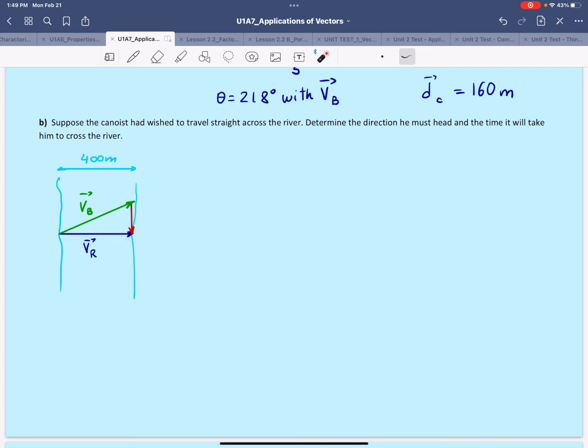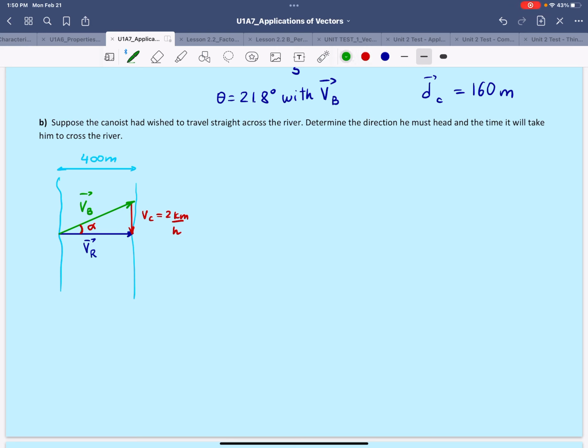So in order to find out the direction that he must head, we need to find this angle. So remember that to find this angle, which we are going to call angle alpha this time, we have to use the given measurements. So what we do know is the velocity of the current, 2 kilometers an hour, which serves as the side opposite to angle alpha.